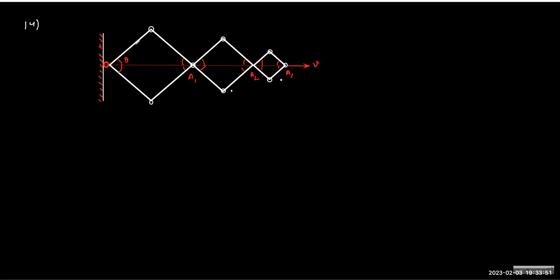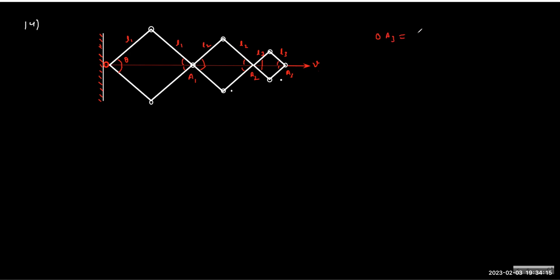Okay. If I say this is L1, this is L1, this is L2, this is L2, this is L3, this is L3. I think the side ratios are given. Yeah, it's given 5:3:2. Now, how far is OA3 in terms of theta and L?